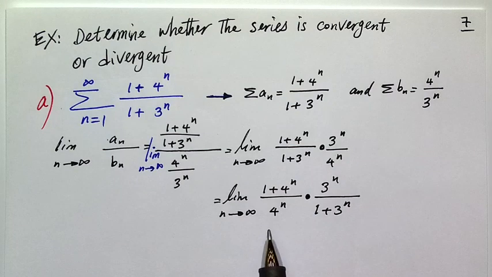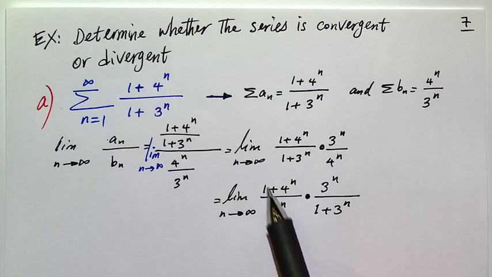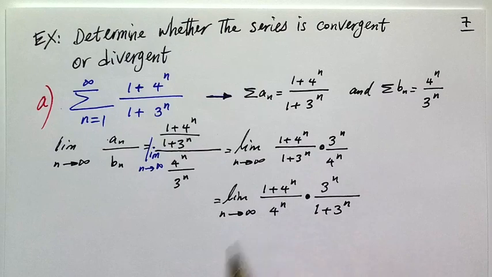Now, as we take the limit, let's again rewrite this so it's easier to apply the limit. Let's divide the two terms in the numerator by 4 to the n. So we can write the limit, and I'm just doing this so it's easier to apply the limit.